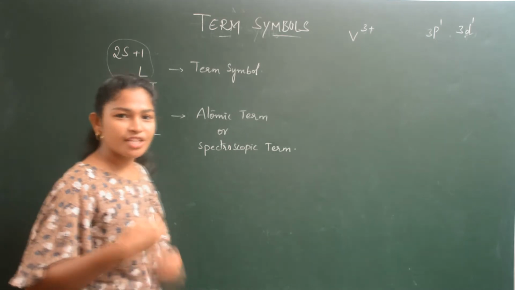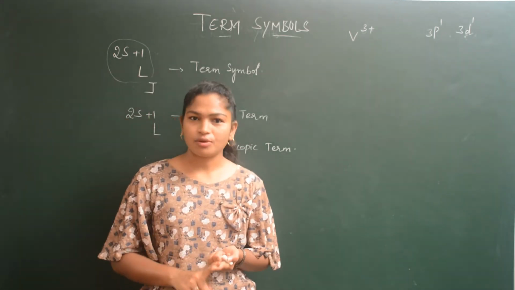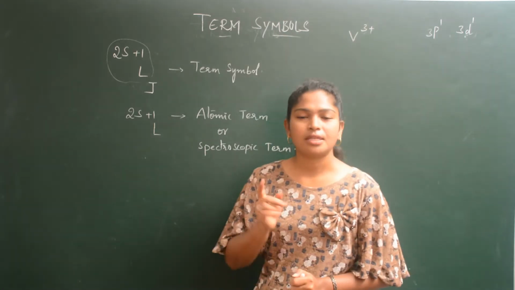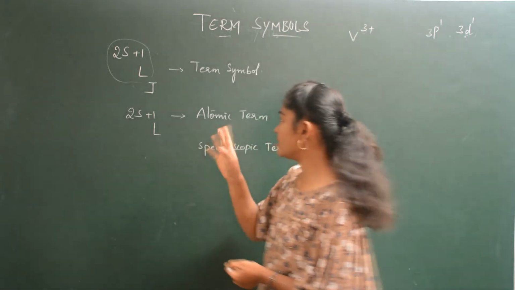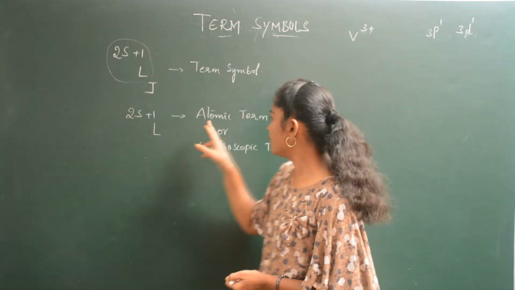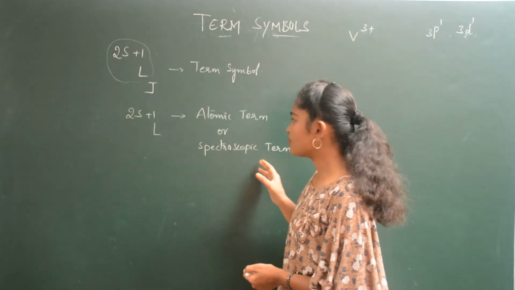They may ask you to find out spectroscopic term or atomic term, or they will ask you to find out term symbol. So the difference is there, right? This whole thing is term symbol, and only this part is atomic term or spectroscopic term.